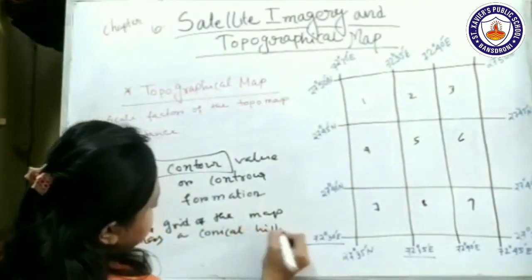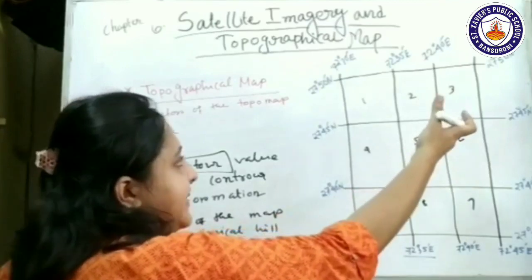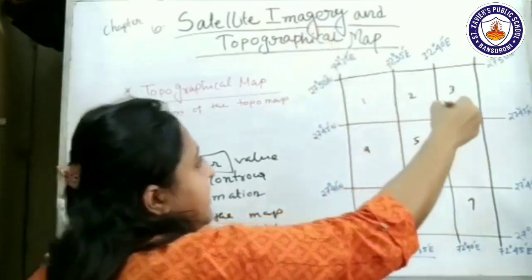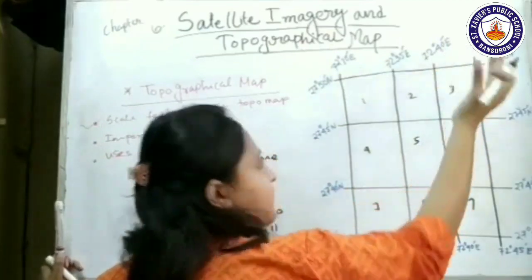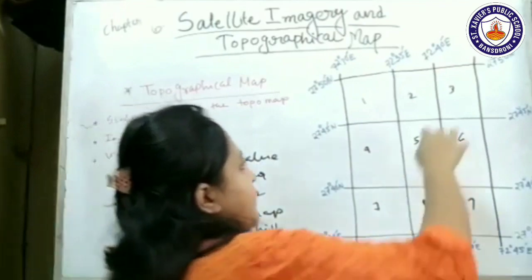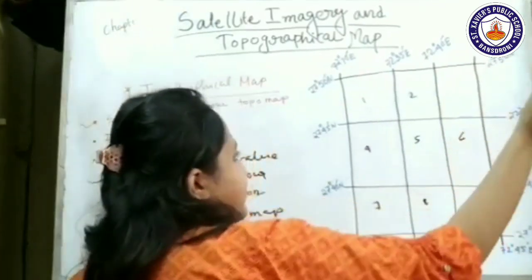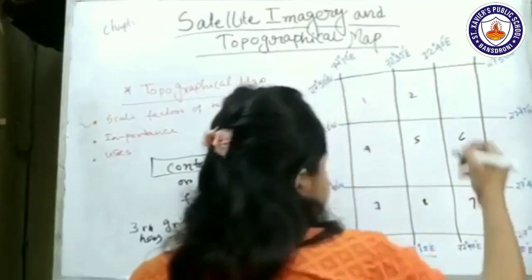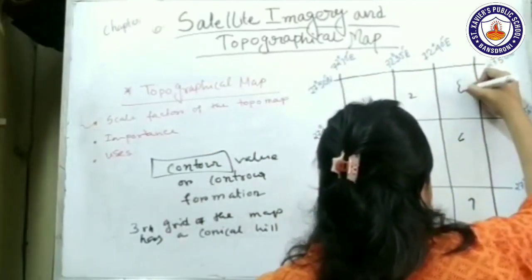In that part we can't detect any conical hill, but if I make a contour formation there, we can easily detect the conical hill. So just remember that there is one mountain situated in that part. Okay, just assume that.